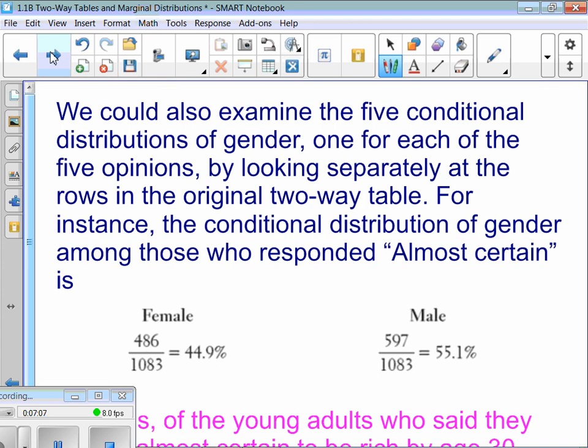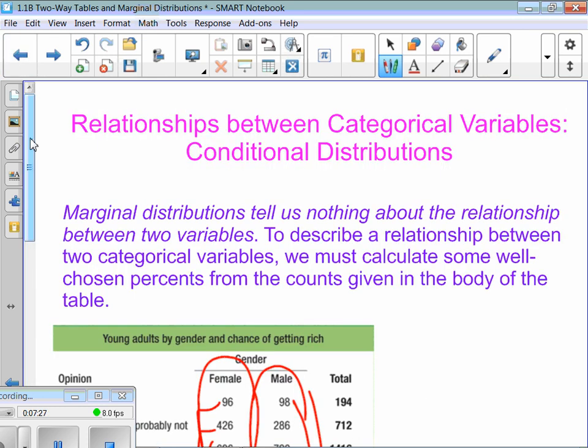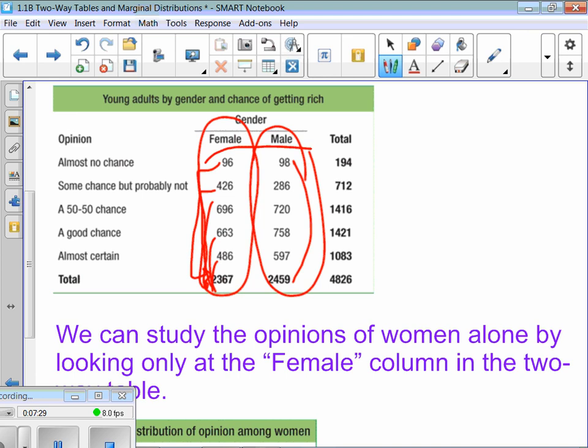There is another way to go, which is across, you guys. So we could also examine the 5 conditional distributions of gender, one for each of the 5 opinions, by looking separately at the rows in the original table. For instance, the conditional distribution of gender among those who responded almost certain. So instead of going down, we can go across, and I'm going to look at just the almost certain people. How many of those people were female and how many were male?